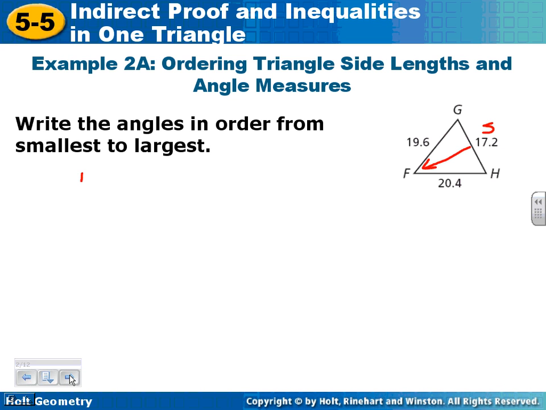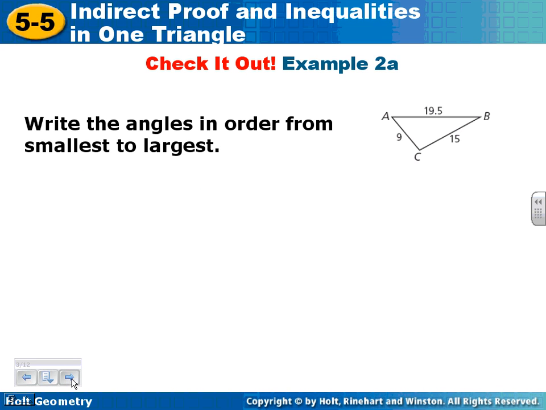So I'm going to put over here, angle F is my smallest. The next one, I'm going to put an M for medium, just my little trick, 19.6. And its opposite angle is H. So the next one, I'm going to put a comma, angle H. And that leaves me, of course, with angle G as being my largest. So it's smallest to largest, small, medium, large. Well, this would be my large one if I finish it, and its opposite angle would be angle G.